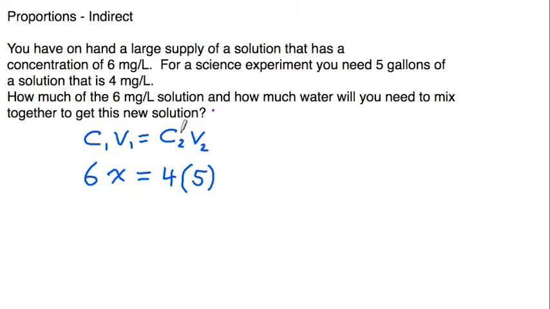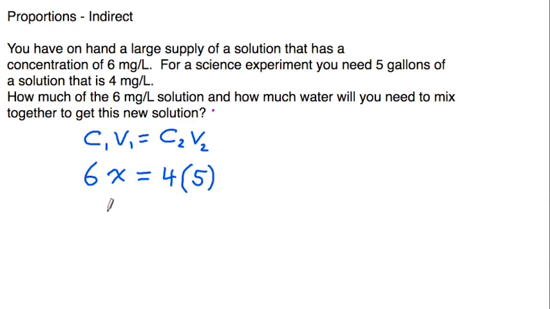Now again, C2 is measured in milligrams per liter, and here I'm putting in 5. So what happens here is, because the volumes here and here would be converted into liters exactly the same, I can cancel the conversions and work in gallons in this inverse or indirect proportion. So it's kind of a nice thing to have this proportion set up.